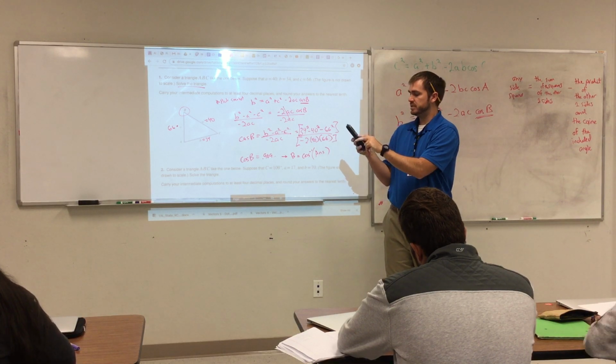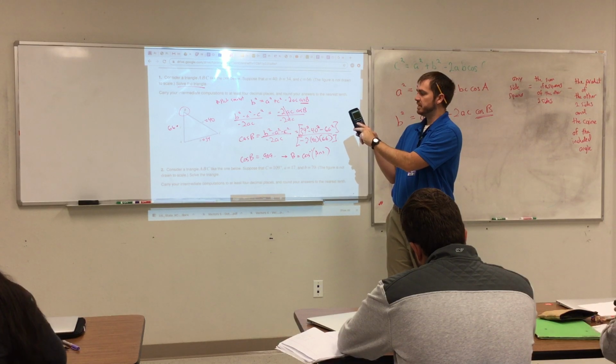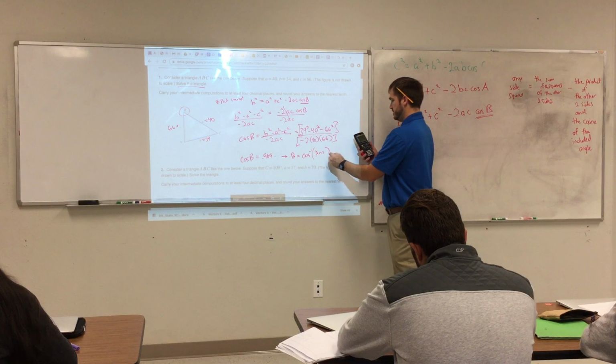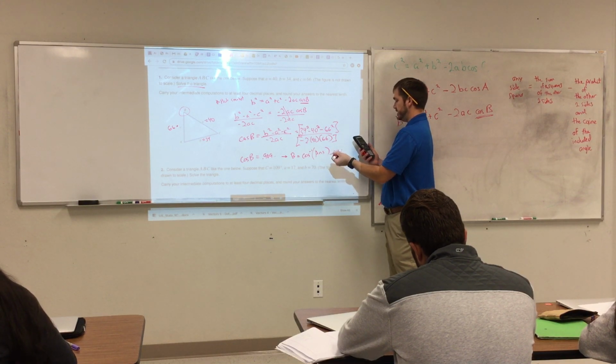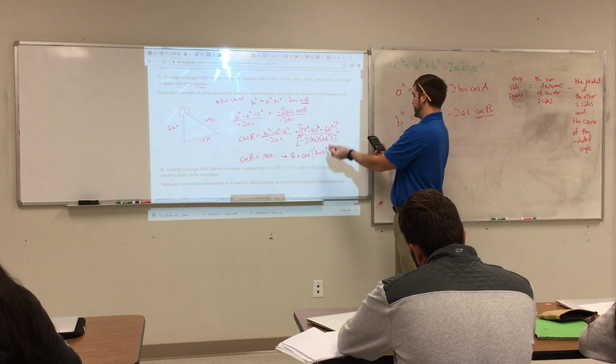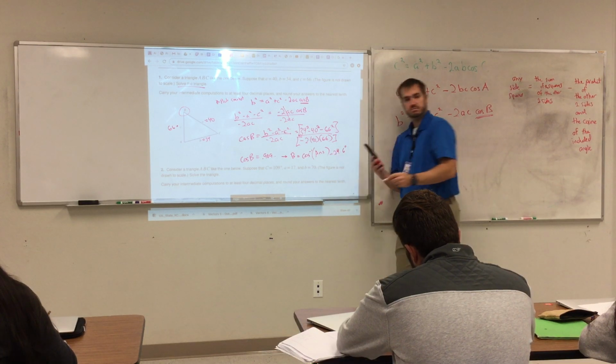So you can say inverse cosine. I'll make sure I'm in degree mode, which I am. And then second answer. And you should get 24.61997733. So they want us to round our answer to the nearest tenth. So 24.6 degrees.